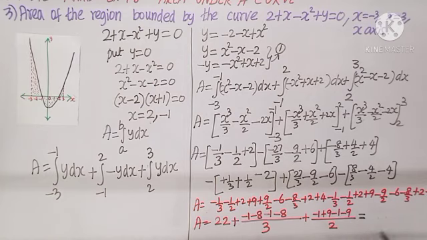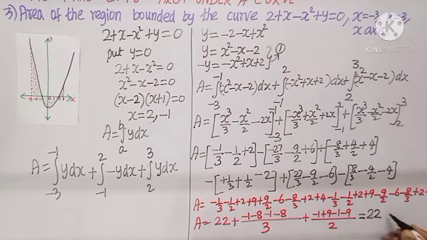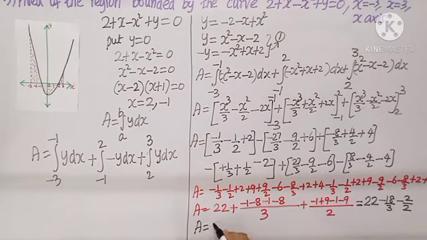As we simplify, it is 22 minus 18 by 3 minus 2 by 2, or we get A equals 22 minus 6 minus 1, that is 15 square units, and hence the problem.